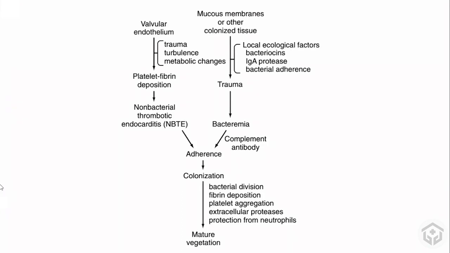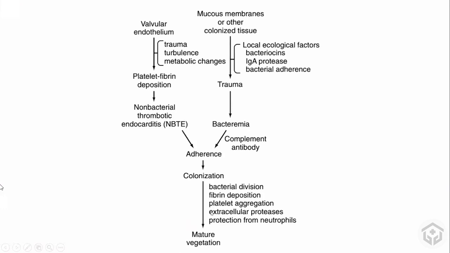If the transient bacteremia is heavy, there is a high chance of adherence and colonization of the bacteria on the non-bacterial thrombotic endocarditis and development into mature vegetations.